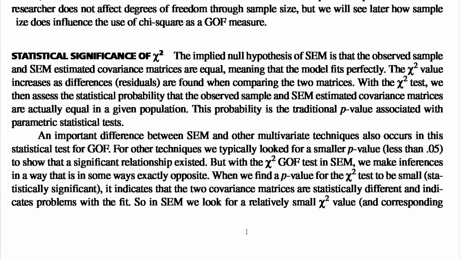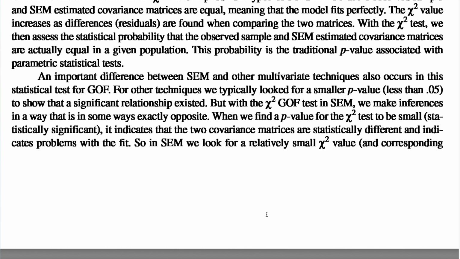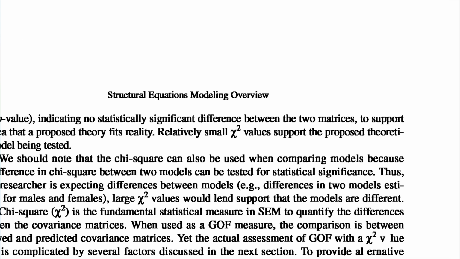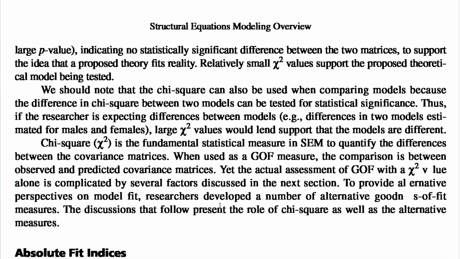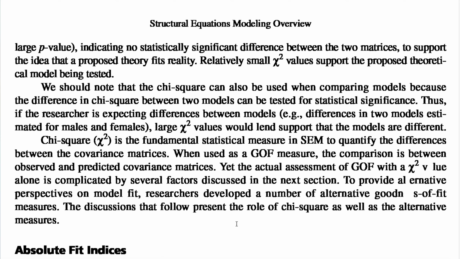So in structural equation modeling, we look for a relatively small chi-square value and a corresponding large p-value, indicating no statistically significant difference between the two matrices, to support the idea that the proposed theory fits reality. Relatively small chi-square values support that the proposed theory can be tested.